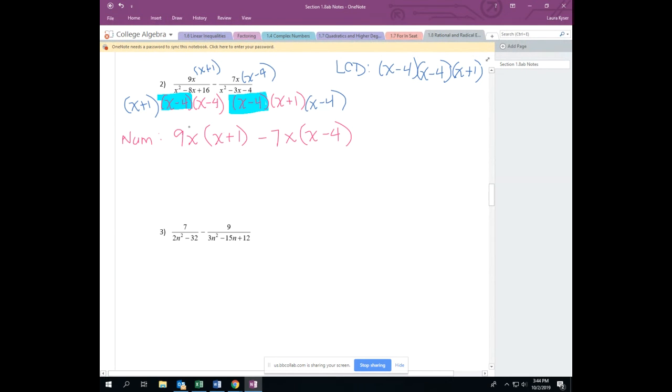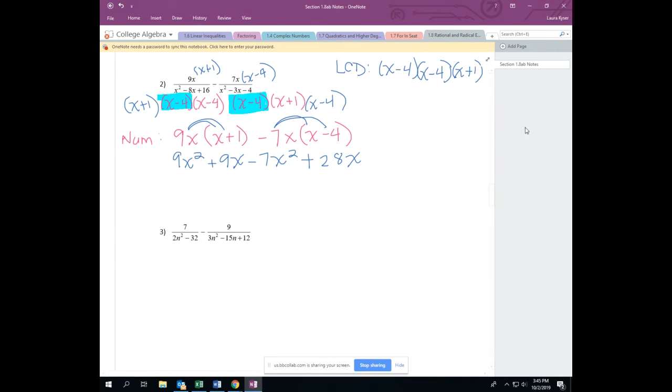So let's pick up our blue and we'll distribute in. 9x times x is 9x squared. 9x times 1 is 9x. The minus in the middle will attach itself to this 7x, so the sign change will happen naturally. Negative 7x times x is negative 7x squared. Negative 7x times negative 4 is positive 28x.